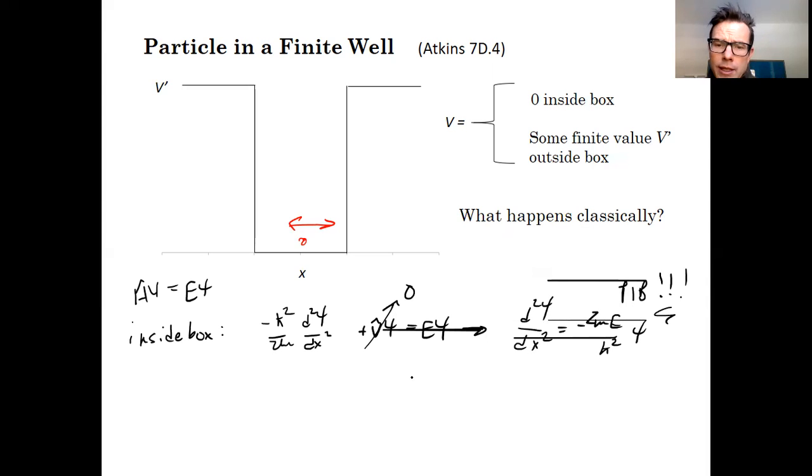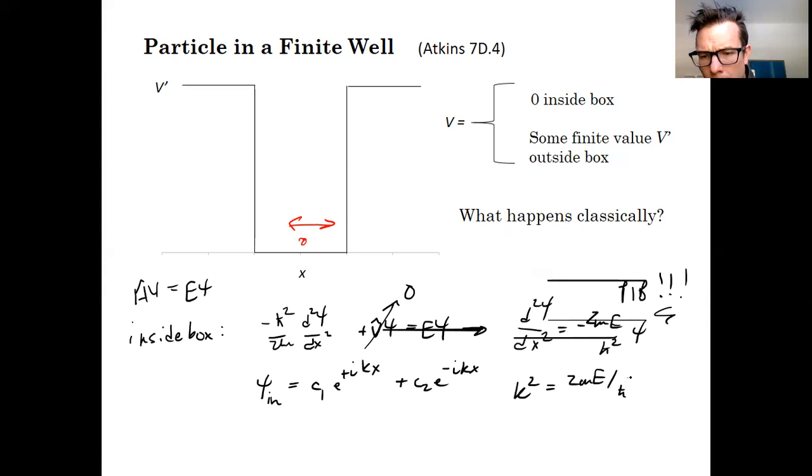So the solutions to this, the eigenfunctions are exactly the same as particle in the box. That is, psi n is equal to c1 e to the minus ikx plus c2 e to the positive ikx, where k squared equals 2mE on h bar squared.